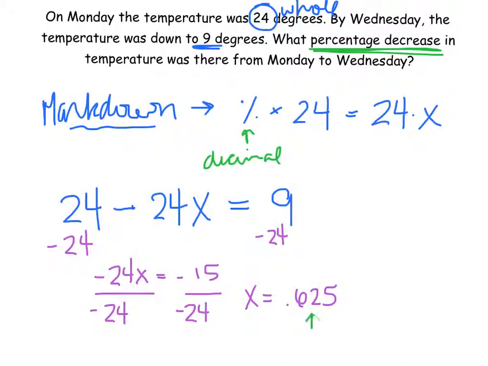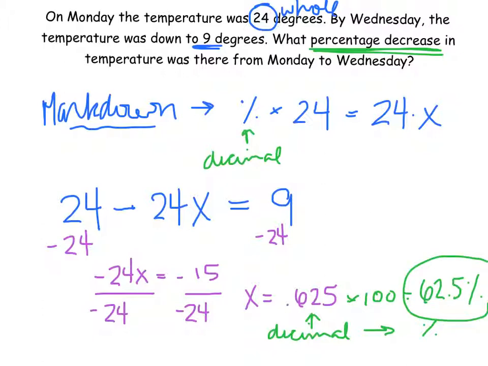So then this is a decimal, and we need to change it to a percent. In order to do so, remember, we multiply by 100. So we end up with 62.5%. And that is our percentage decrease. It decreased by 62.5% in price, or temperature in this case.